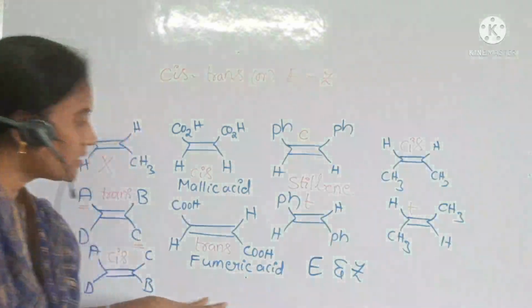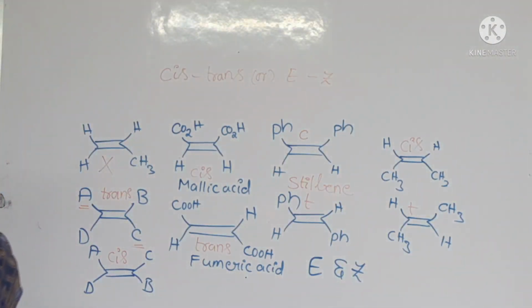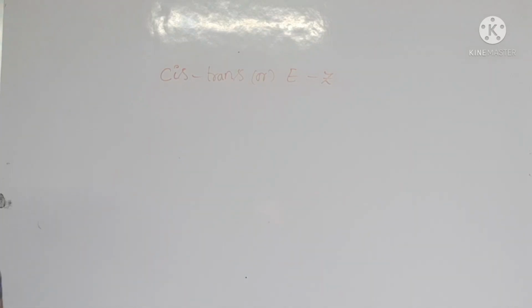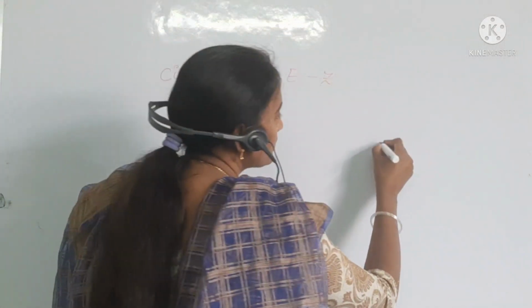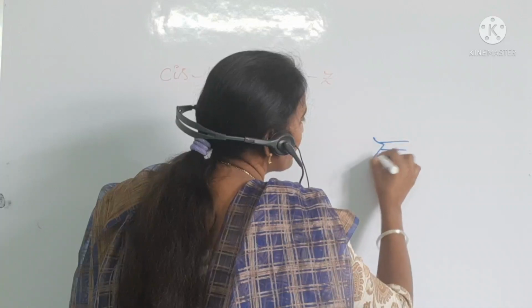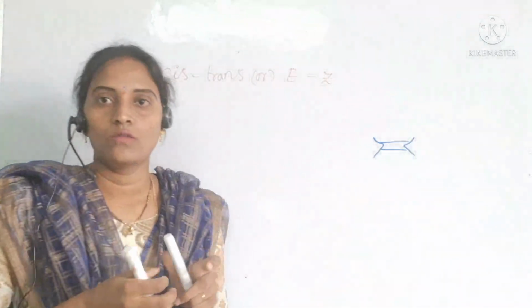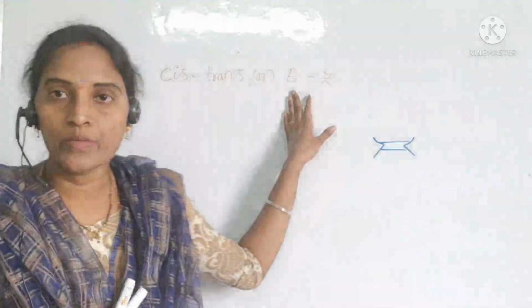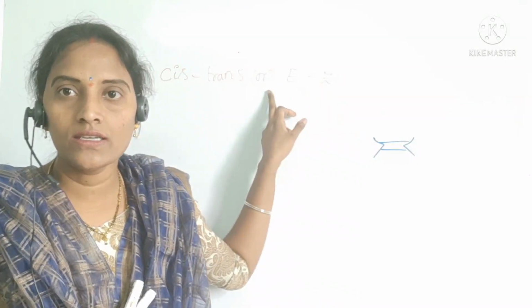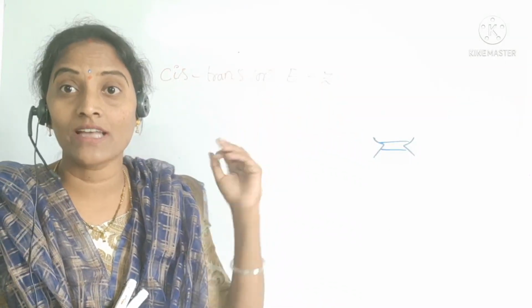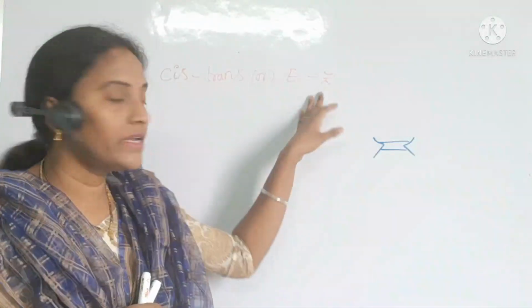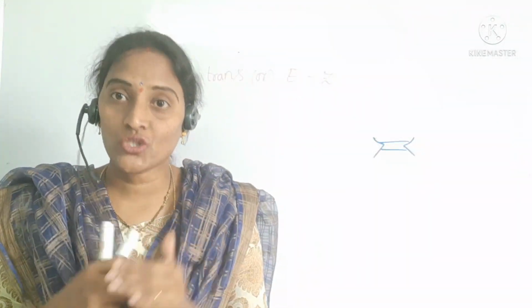Now we are going to discuss what is EZ nomenclature. Here also, olefin, students. What do you mean by E, what do you mean by Z? E is from entgegen, that means across. Z means zusammen, that means together.